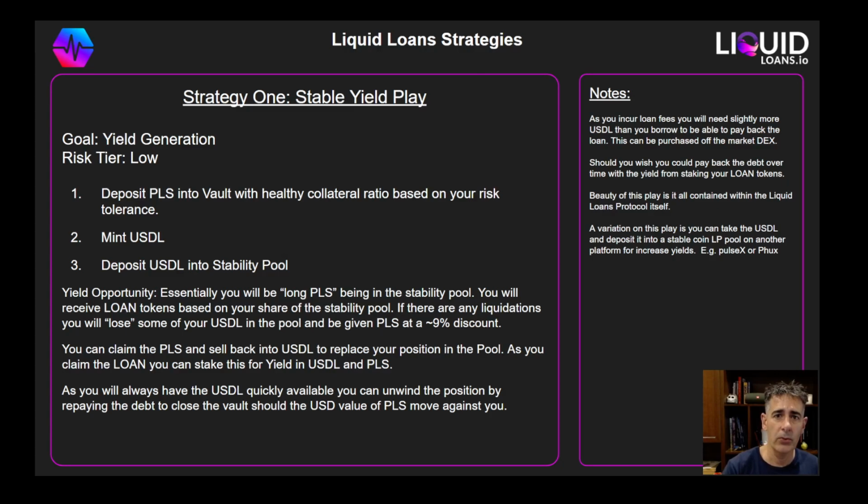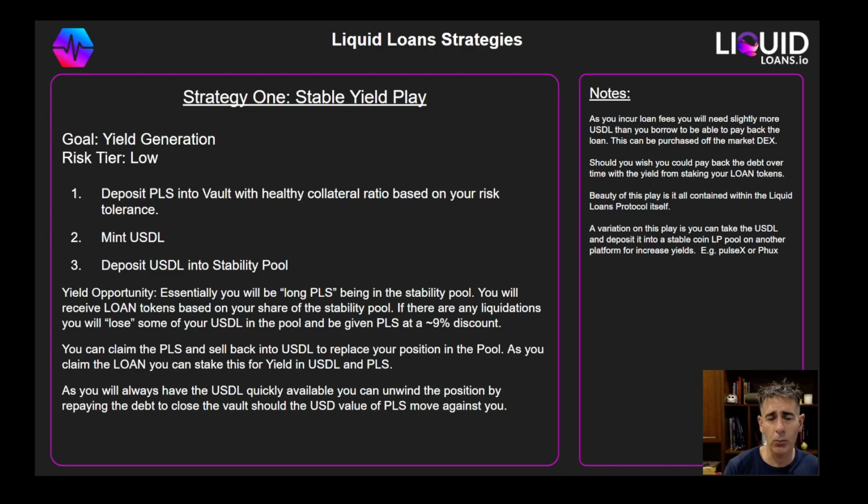So if you were to put in $1,000 worth of USDL into the stability pool and there was a liquidation, you might see $50 or $100 of that disappear out of your USDL balance, but you'd get it replaced with the equivalent value in Pulse. Now, if you wanted to continue being in the stability pool with your $1,000, you would have to claim that Pulse, sell it back to market to redeem it for the USDL value, and then top up the stability pool.